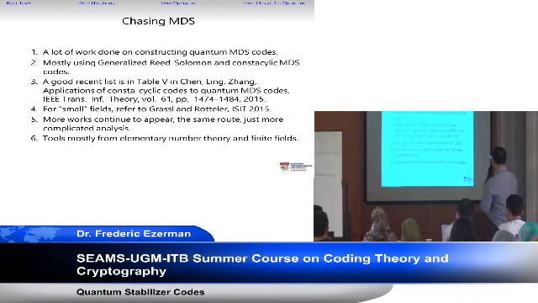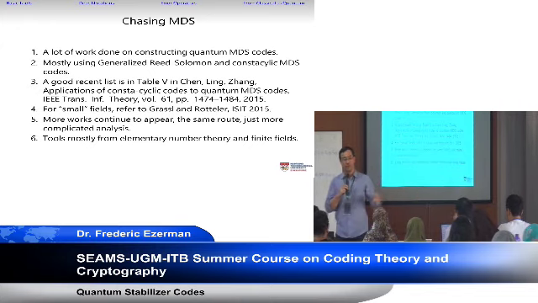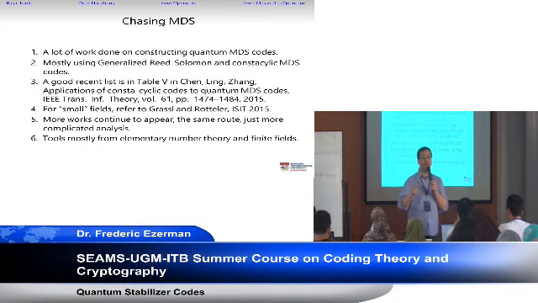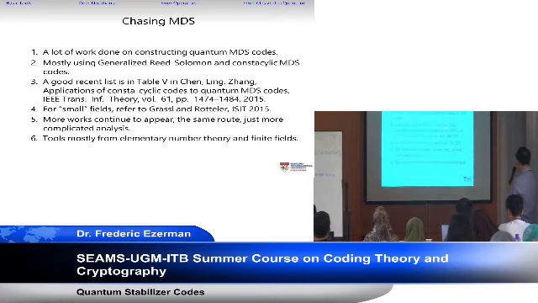But MDS, the thing which is interesting for MDS, we know their distances. And therefore, a lot of work is done on MDS, so there we don't just say this is the lower bound on the distance. We say that's the distance. So a good recent list is table 5, this is Bocong Chen and Ling San.